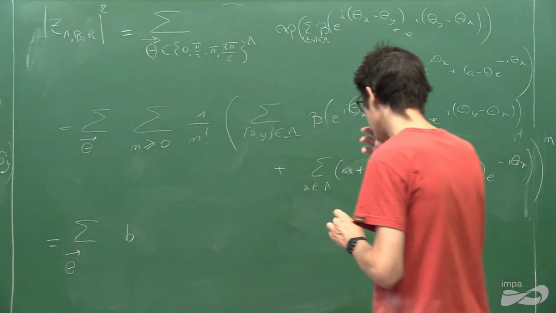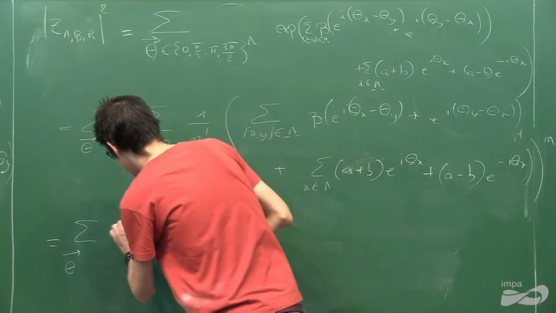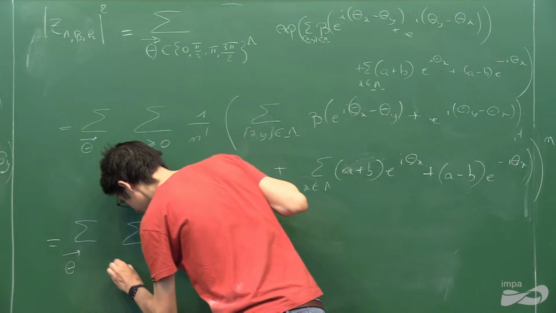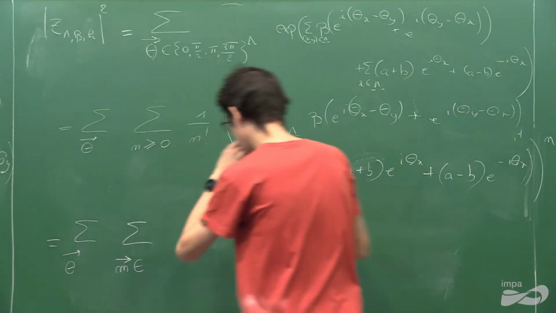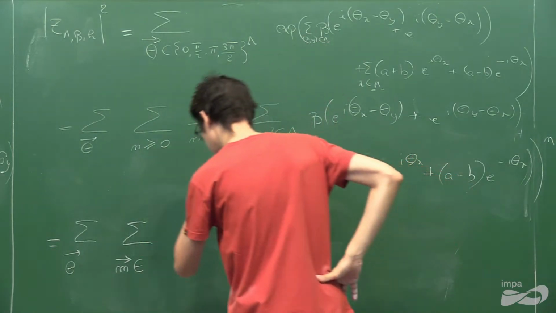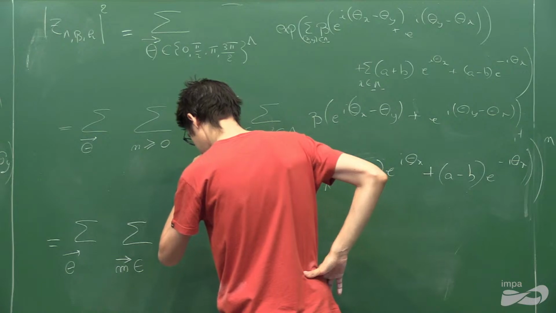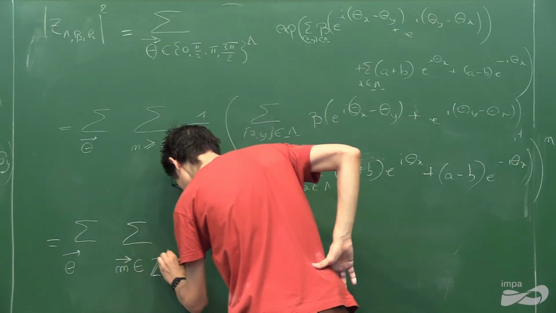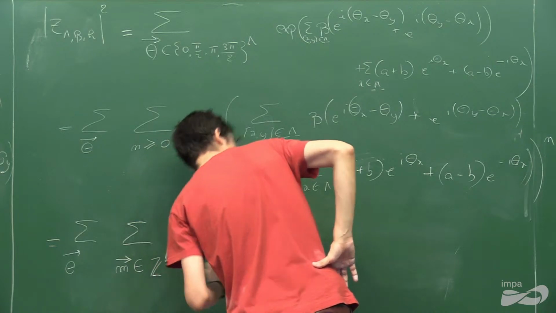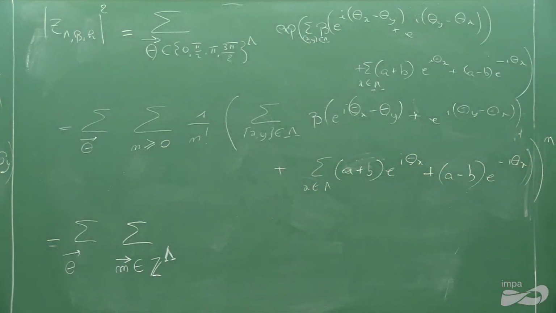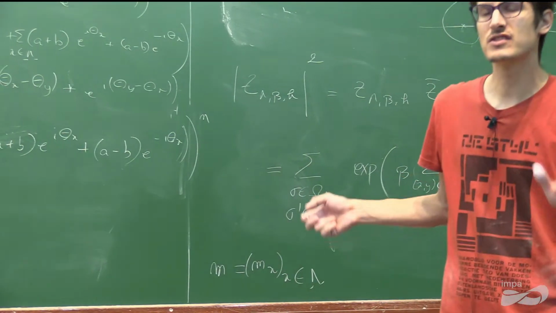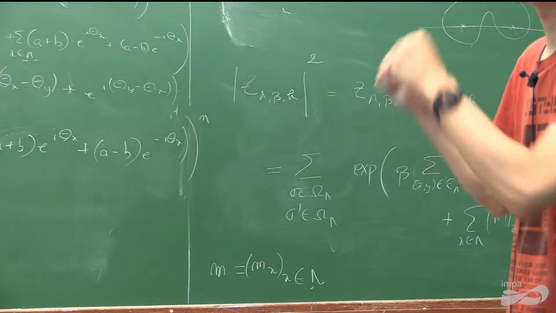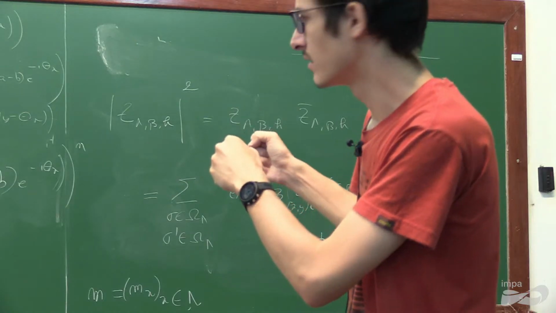Okay, so let m be a vector. I mean, m is just m_x, x in Λ, and m_x is just the power to which exponential i θ_x appears.